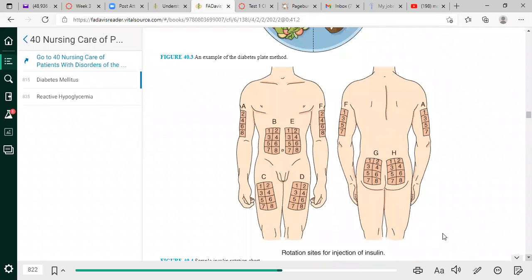And this is a diagram of areas that you actually can give insulin. These are the fatty areas: the back of the arm, the abdomen, the thigh, the buttocks. In some patients, you will decide it's best to always give insulin in the abdomen.